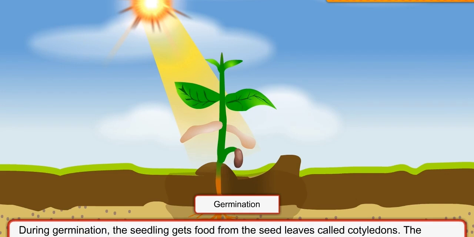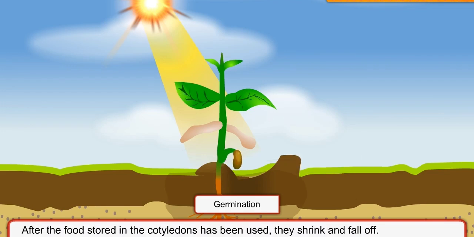During germination, the seedling gets food from the seed leaves called cotyledons. The seedling uses stored food until it grows its own roots and leaves. After the food stored in the cotyledons has been used, they shrink and fall off.